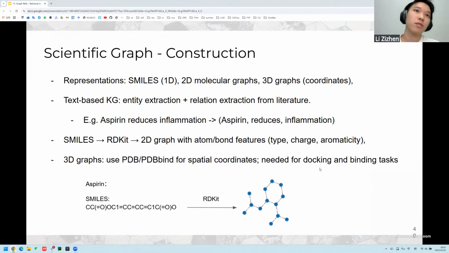So you can extract the entity, extract the relationship, and form triples. For example, aspirin can reduce inflammation. You can also use some libraries to convert the one-dimensional strings into two-dimensional graphs. And for three-dimensional graphs, you can access some publicly available libraries such as PDB.